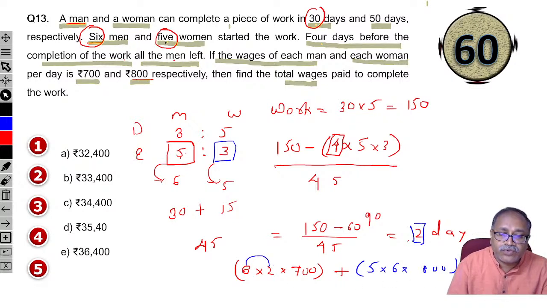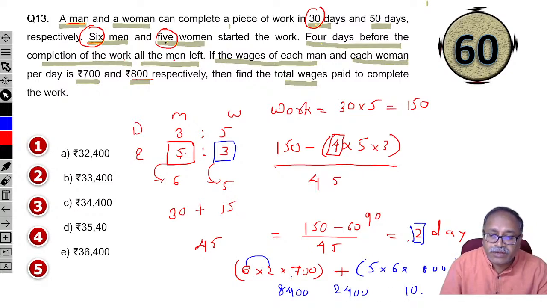So 6 2s are 12, and 12 7s are 84 followed by 2 zeros, that comes to 8,400. And here 5 6s are 30, and 8 3s are 24, so 24,000.